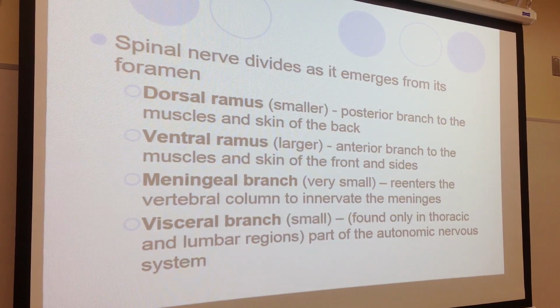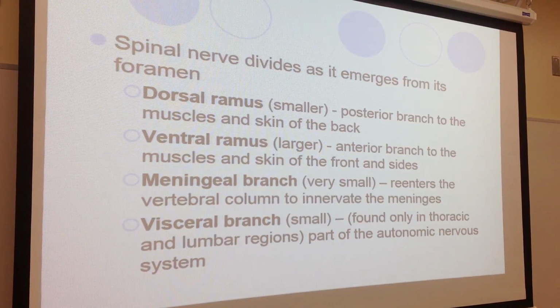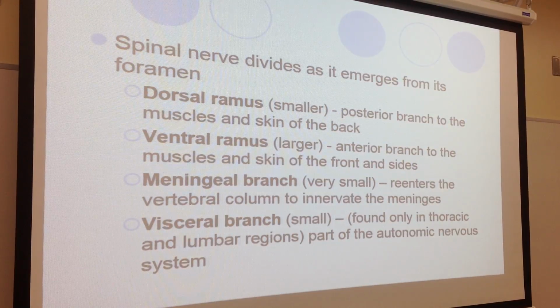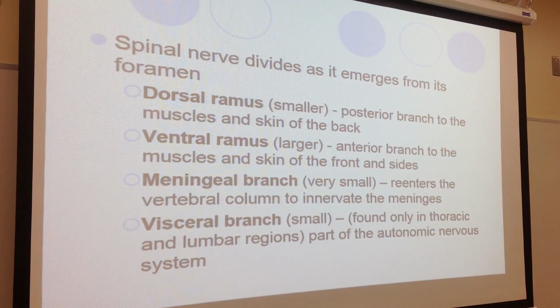And then the ventral ramus is the one that goes off toward the side and the anterior. Okay, and it's this one, right? Okay, so this is dorsal, this is ventral. Okay, so we have the dorsal one here and the ventral one here.